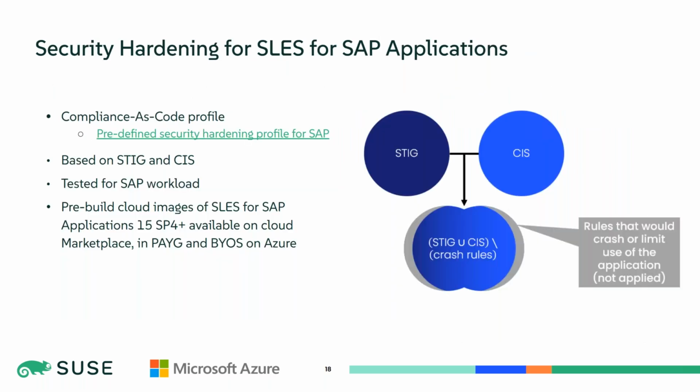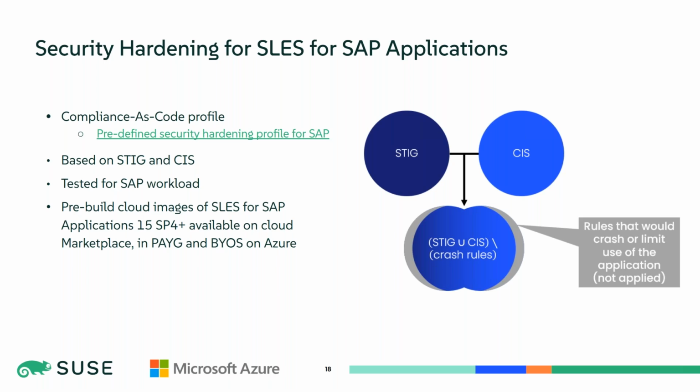Next slide: security is another type of resilience, in terms of reducing disruption from security vulnerabilities. A lot of customers have been asking, what type of security hardening can I do to enhance my SLES for SAP instances? The good news is we have produced a profile using the rules from STIG and the CIS.